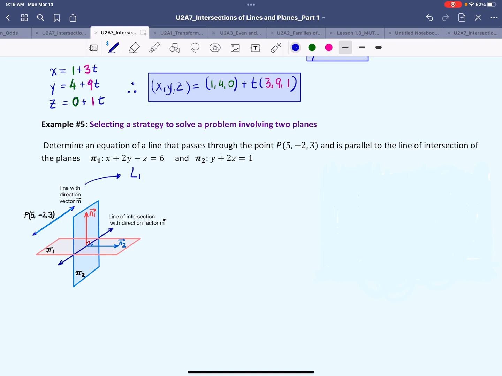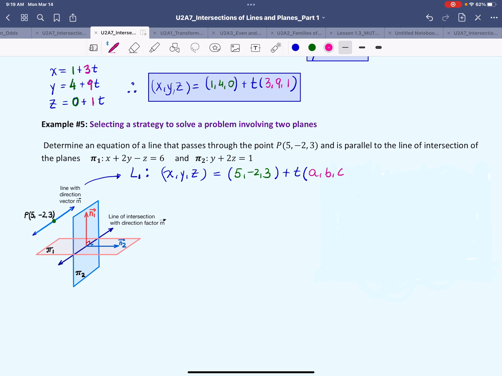to say that the line L1 that we're about to find will have the equation in vector form xyz equals the starting point, and it only makes sense that for starting point we use the coordinates of point P, 5, negative 2, and 3, plus some scalar, and then the coordinates of the direction vector, which we are about to find.